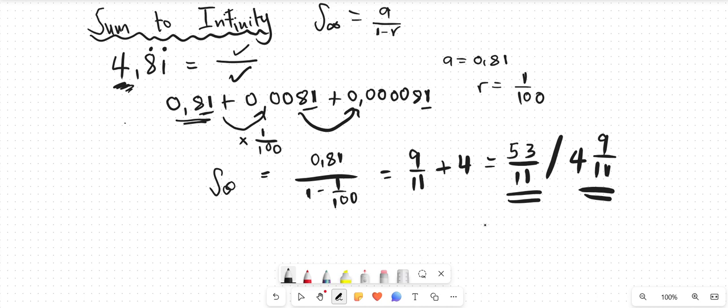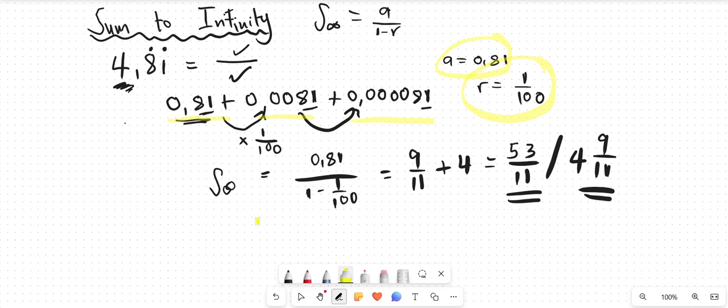Hope this makes sense. So again, what did I do? I first wrote it out as a pattern, right? And then I found what the A value was. I then found what the R value is, the constant ratio they keep dividing or multiplying with.